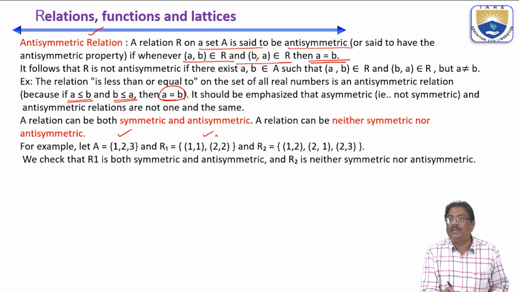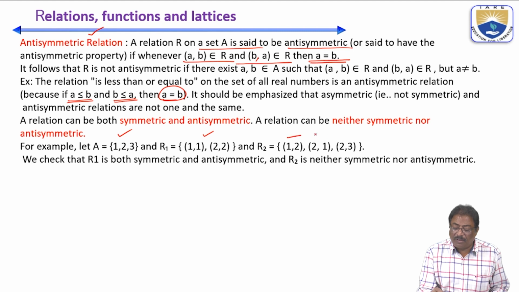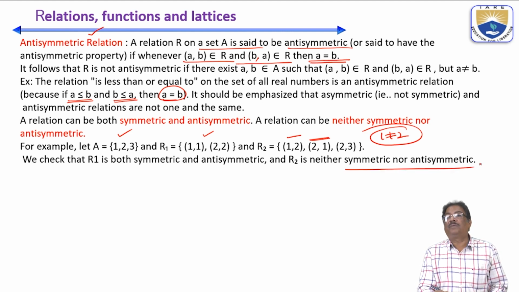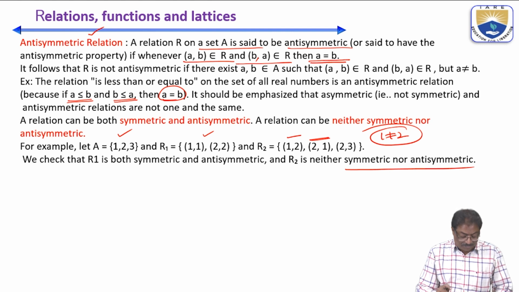There is no a related to b, no b related to a, so there is no question of a equal to b or not. Here, a related to b is there and b related to a is there, but 1 is not equal to 2. So R2 is not antisymmetric.